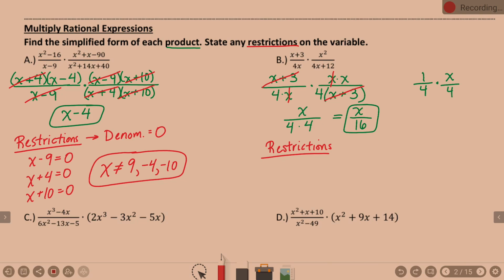And we could think of this a couple different ways. This first piece, it was 4x, or 4 times x. I'm just going to put it as 4x here. Our other piece, I could leave off the 4, and what I need to talk about is the x plus 3.